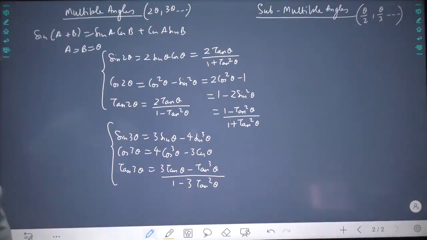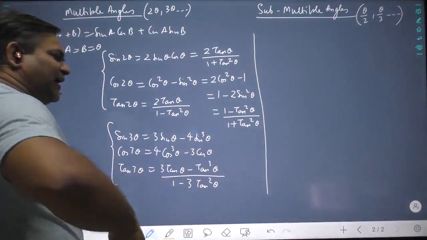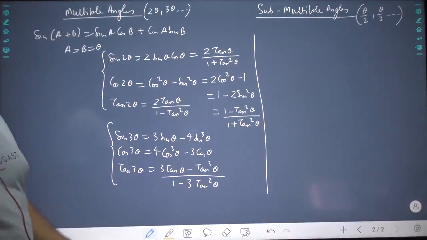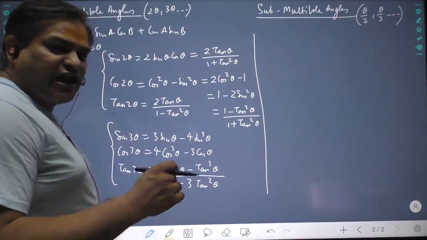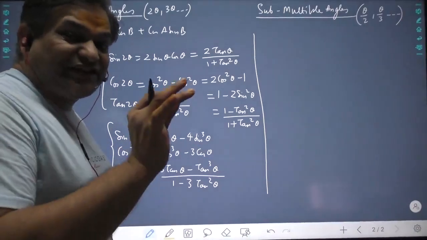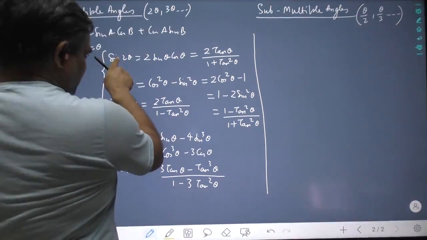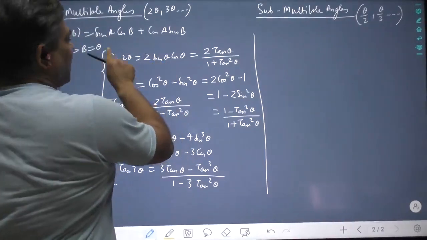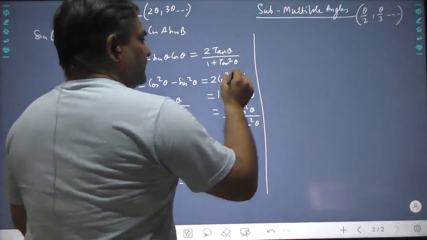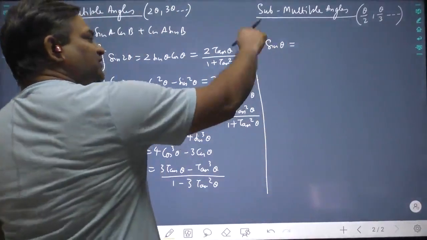Say yes. Okay. Now from the formulas of multiple angle, we have the formulas of submultiple angle. Just listen. This is angle 2 theta, so its half comes here, theta. Suppose we have sin theta, then theta's half.